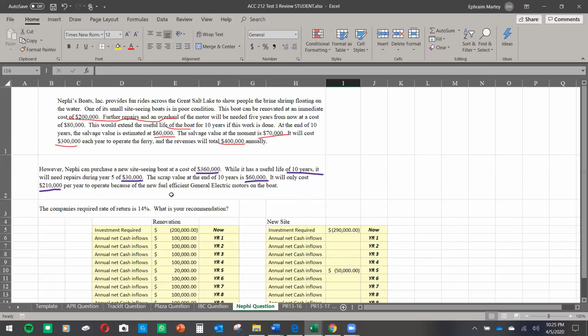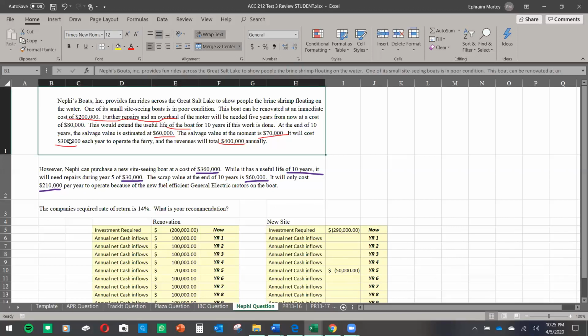Okay, what does that mean? It will only cost 210,000 per year to operate. So what it means here is that it will reduce our cost. At the moment we spend 300,000 to operate.